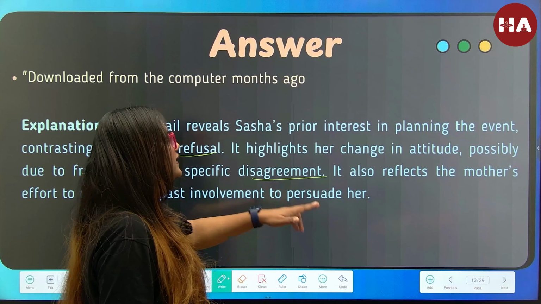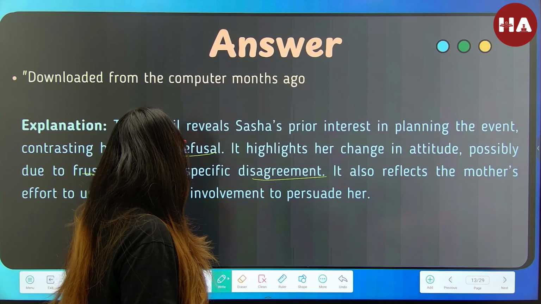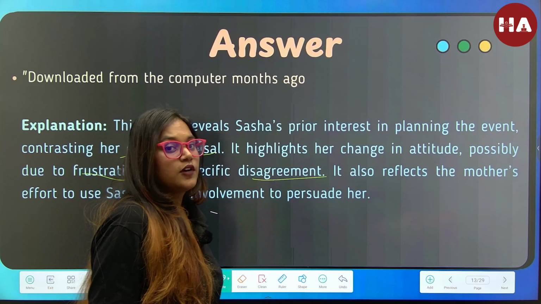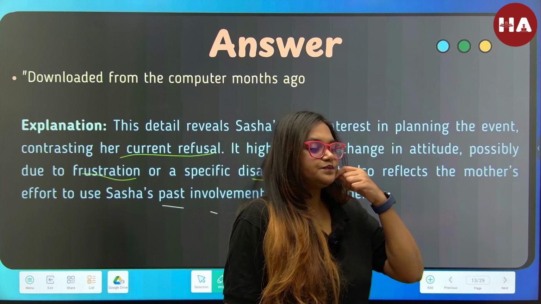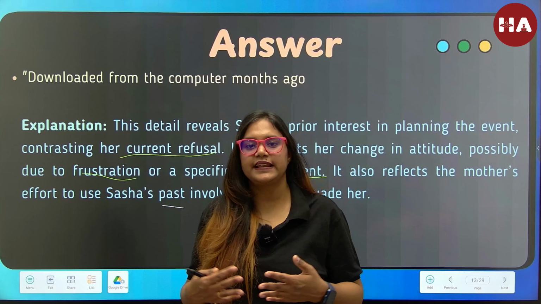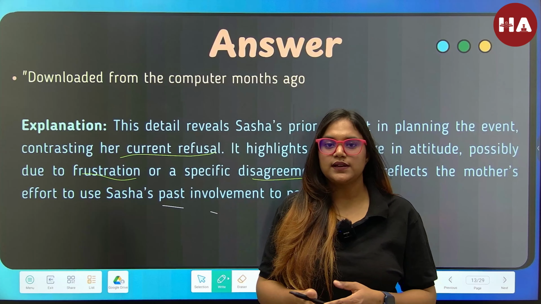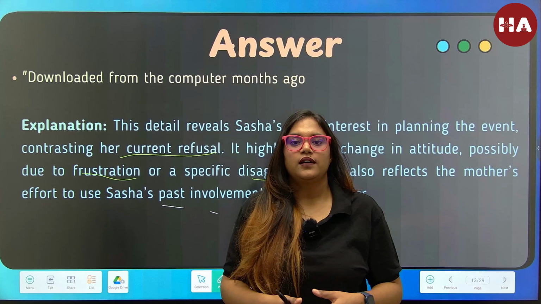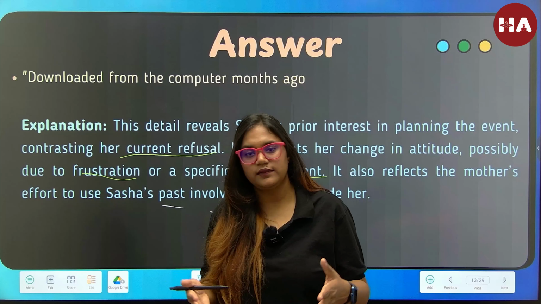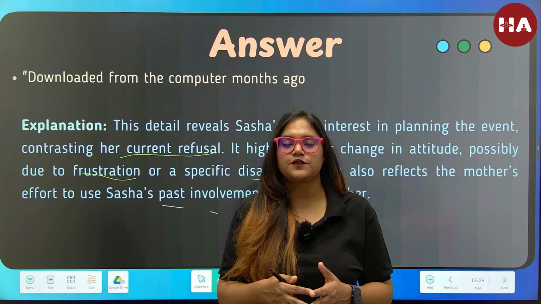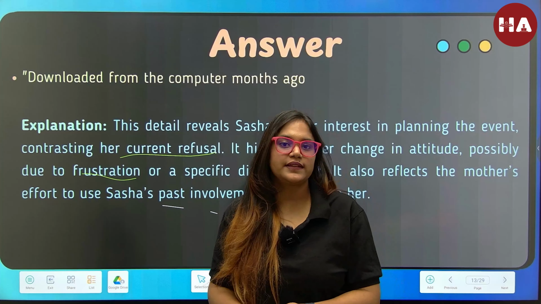It also reflects a mother's effort to use Sasha's past involvement to persuade her. So it can also be used later on by Sasha's mother: you were already interested in planning this event, so better you call that friend.